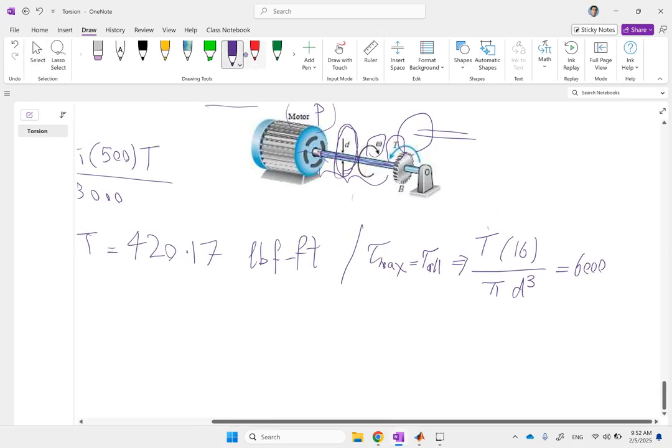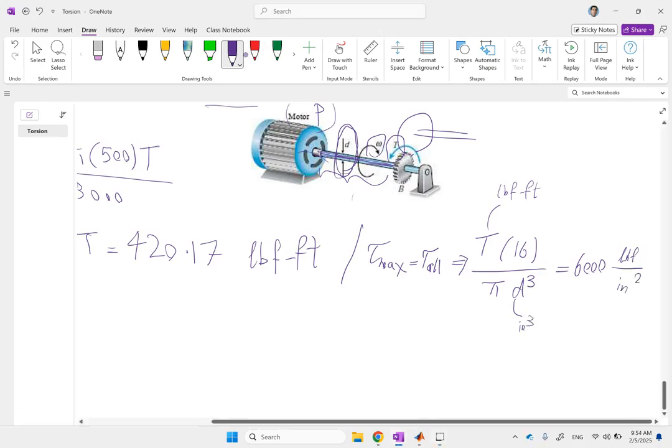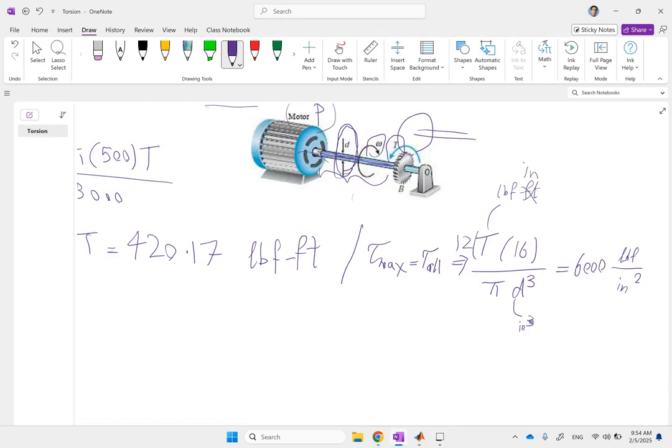Now remember, this guy is pound-force feet. And if you consider this in inches squared, and this is pound force per inch squared, you are mixing units. And this is inch cubed, not inches squared. So I go ahead and multiply this by 12 to convert it to pound-force inches.